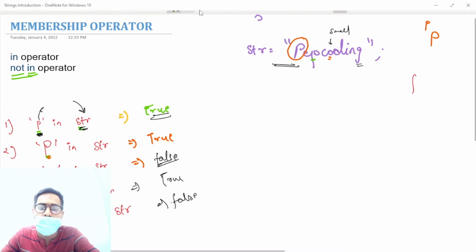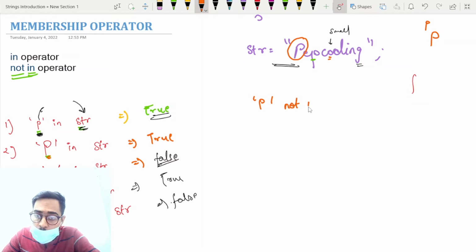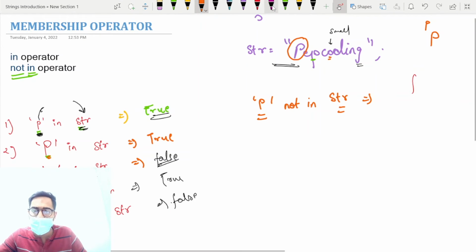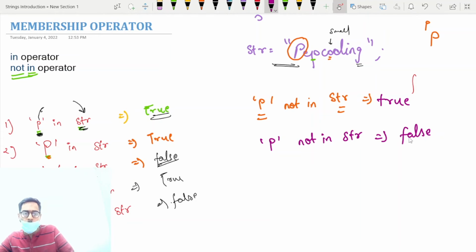It just does the opposite. It checks whether this is not in the given string. If this particular character is not present in the given string, it will return true. And if this particular character is present in the given string, it will return false. So it's just the opposite.